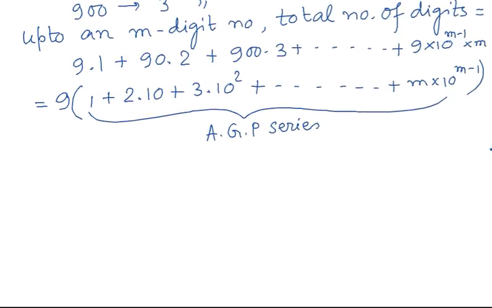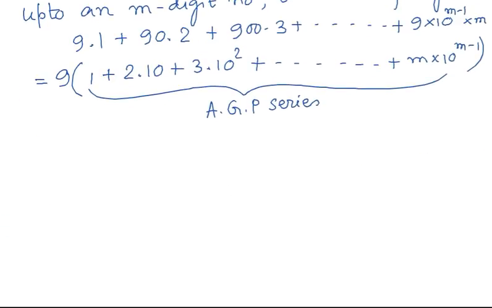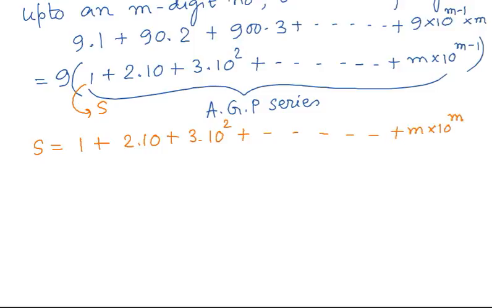Here we can quickly discuss how to find the sum of an AGP series. Suppose this sum is s. So s is 1 plus 2 into 10 plus 3 into 10 square, in this way up to m into 10 to the power m minus 1.